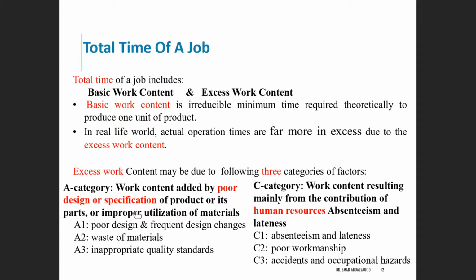Continuing with the excess work, we listed two, one related to poor design or specifications. Let me give you an example. If you are working with the food industry and the raw material or the ingredients that you receive are not in good condition, not all of them, that will need excess work to filter this material and extract the good ingredients so you can use them.